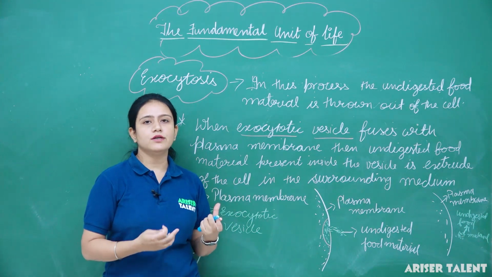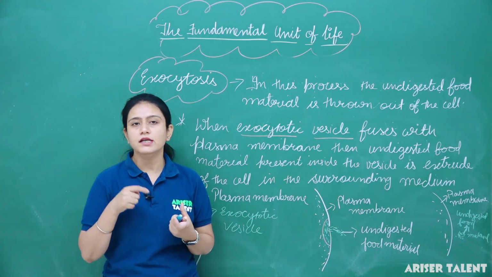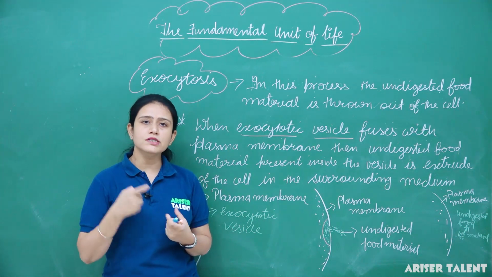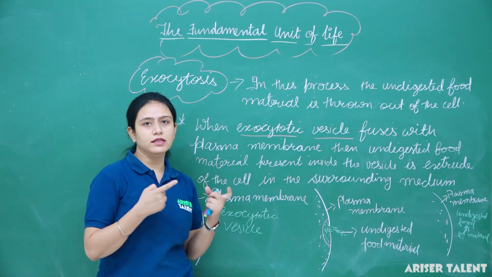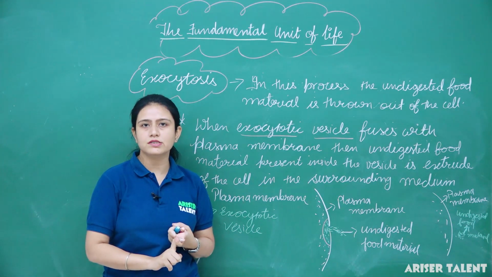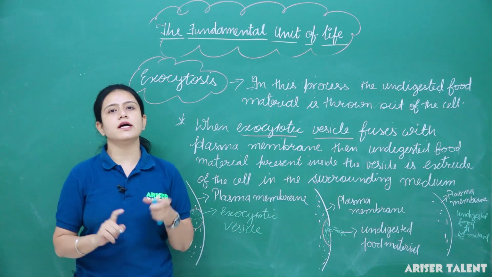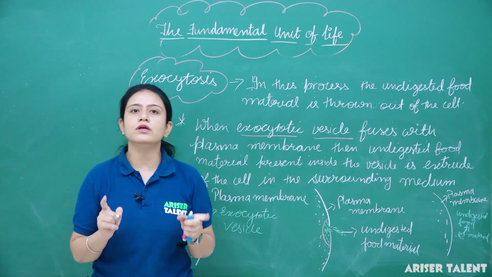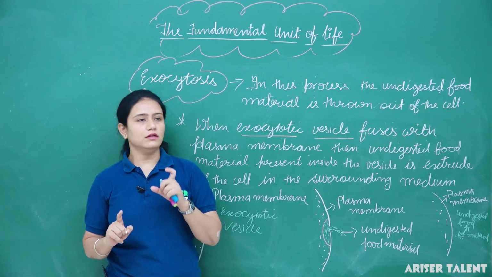In pinocytosis, liquid food material is taken inside the cell of the amoeba, and solid food particles are taken by the process of phagocytosis. So here we have discussed the active transport of material through the plasma membrane of the cell.